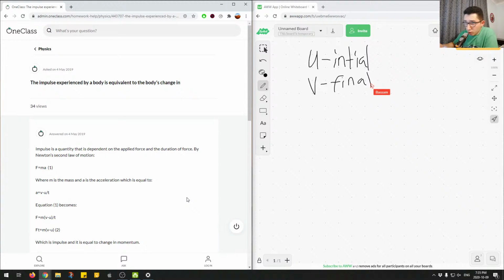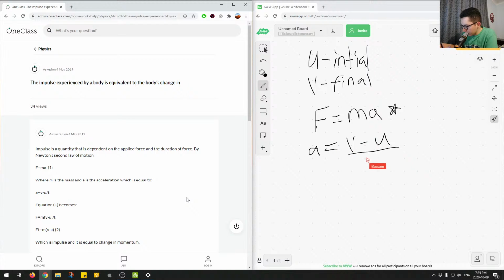From Newton's second law of motion, F net is equal to ma. We can use the definition of acceleration and substitute it in. Acceleration is final velocity minus initial velocity over time, and we substitute this in here.